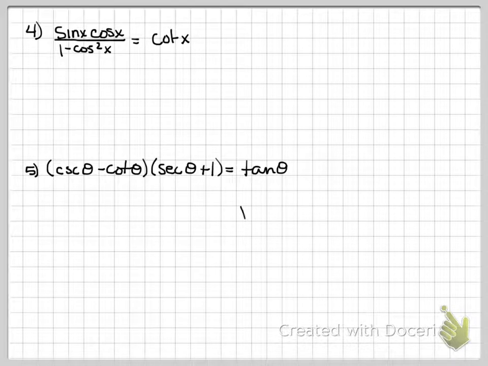Number 4 is a little different than the others. Now we have an equal sign in there, and we're now going to be proving or verifying these identities. In order to prove or verify, we need to remember a couple of things. First one, only work one side.